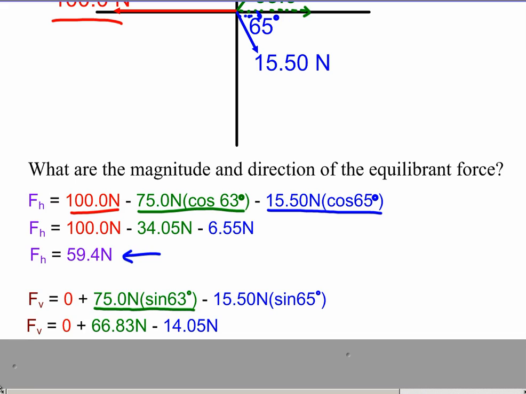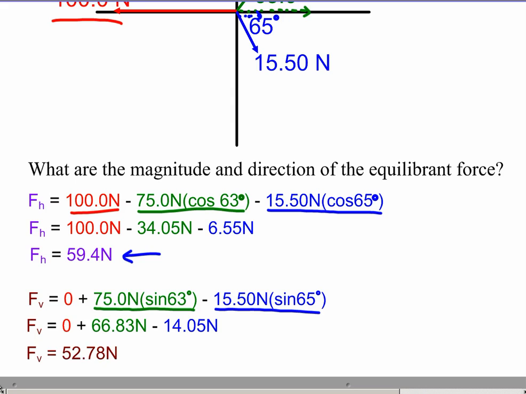And we're going to take the sine of 65 degrees for the 15.5 Newton force because that's acting down. In this case, we've chosen to make up positive and down negative. So when we find the vertical force, the total, we're going to get 52.78 newtons, and this is up. So our vertical net is up, our horizontal net is to the left.